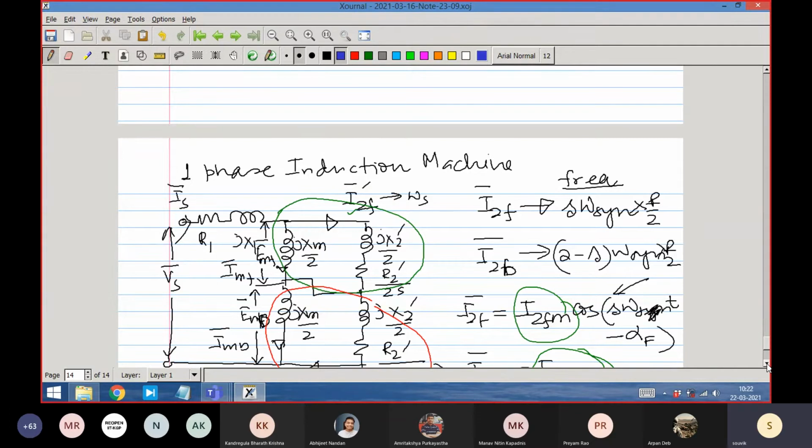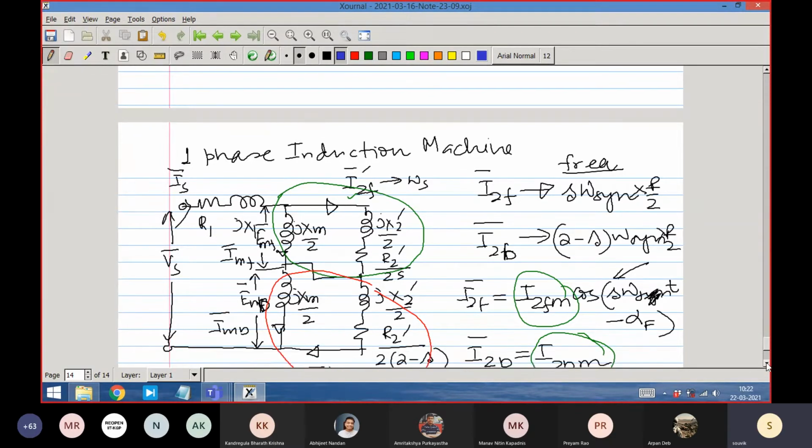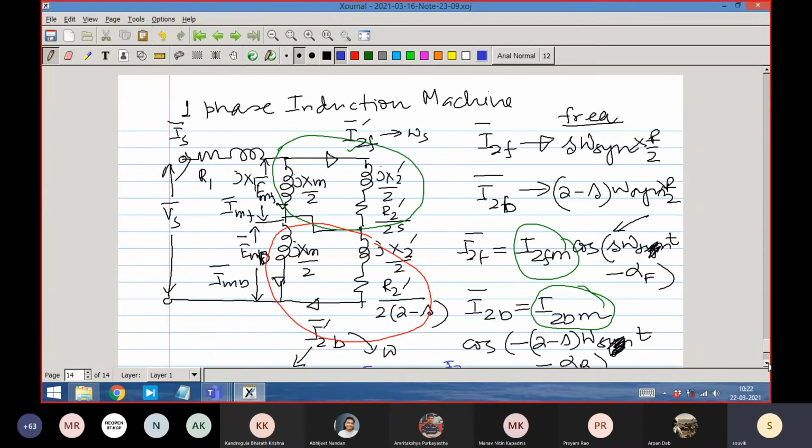Here I2F dash is the reflection, and the reflection has a frequency of omega s. Even if you take the three-phase circuit, the reflected rotor current has the stator frequency, omega s. That is why the scaling has been done, and it has become R2 dash by s.